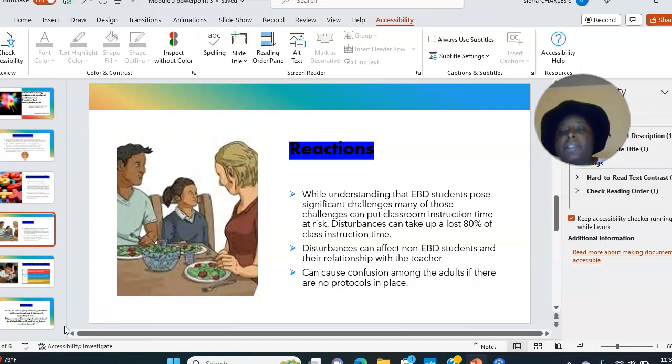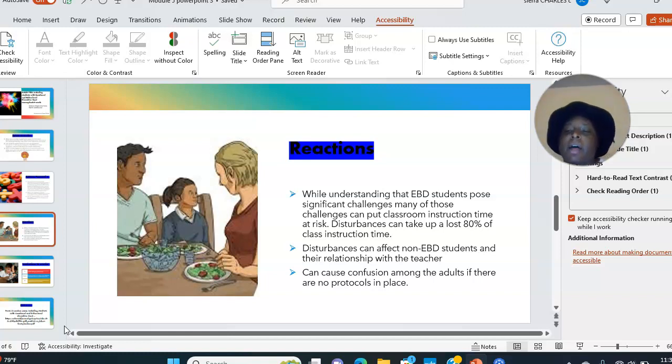So yes, I have seen disturbances affect non-EBD students and their relationship with the teacher, because a lot of times the teacher is so focused on making sure that everybody's learning, but also giving that special attention to that child with EBD, that they may not be completely aware.